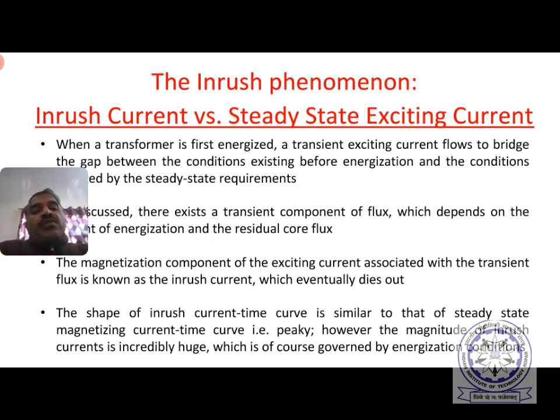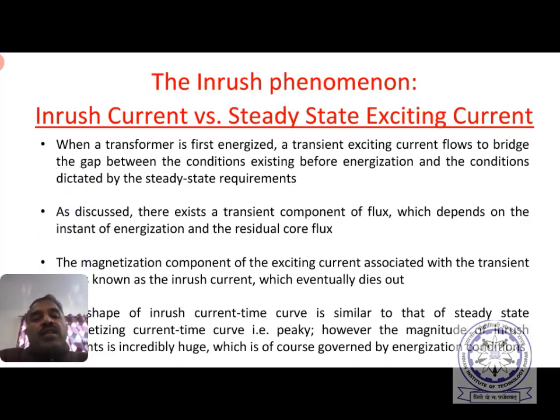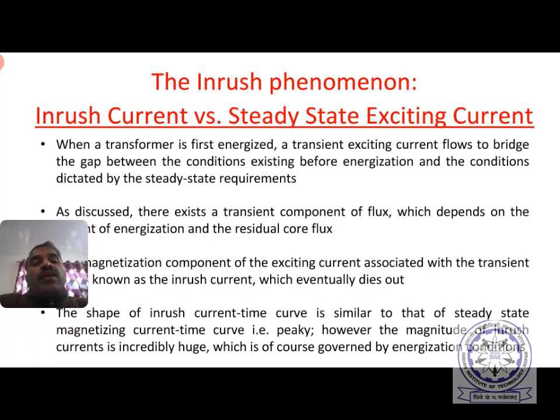The steady state exciting current we have seen is under normal operation, either no load or loaded. Under loaded condition, the percentage of exciting current is very small, so it is negligible. But under no load condition, it is the only current, apart from the core loss component, so it will dominate in that condition.